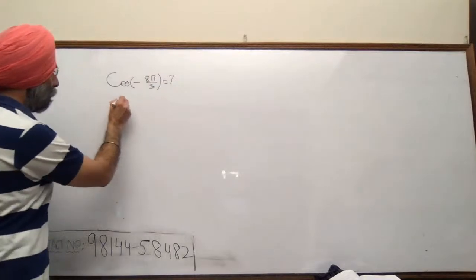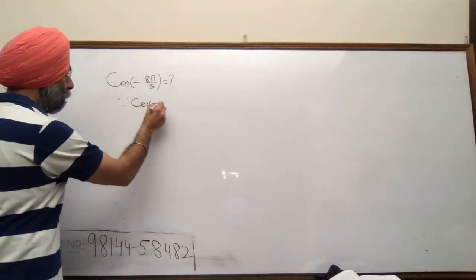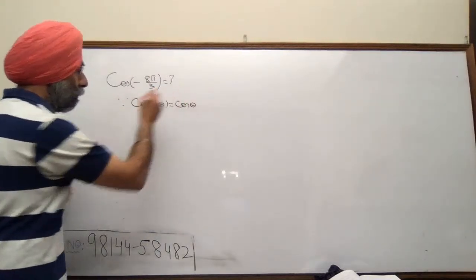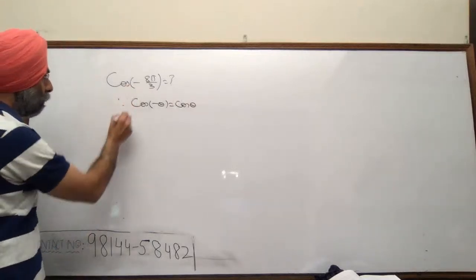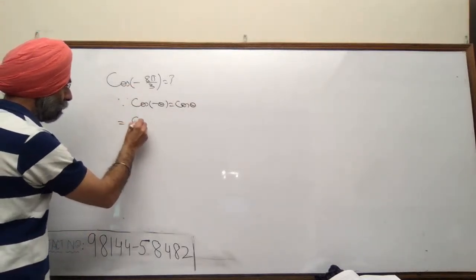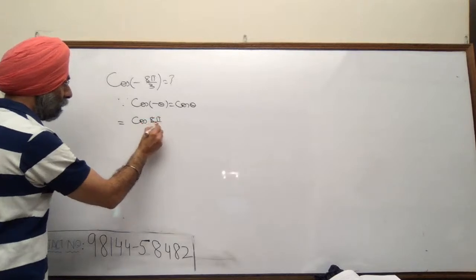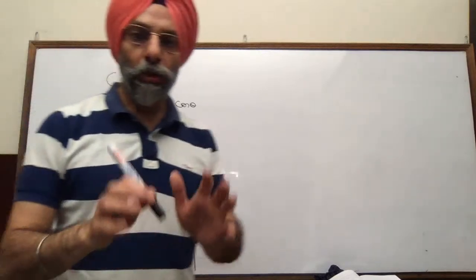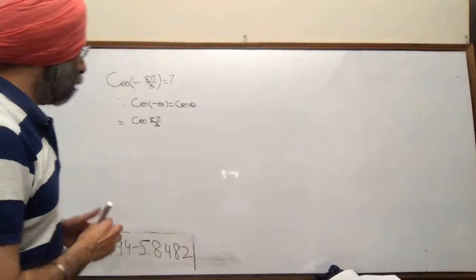Now, because cos of minus theta is equal to cos theta, so continue with this. That means this is cos of 8 pi by 3. So this should be your first step.